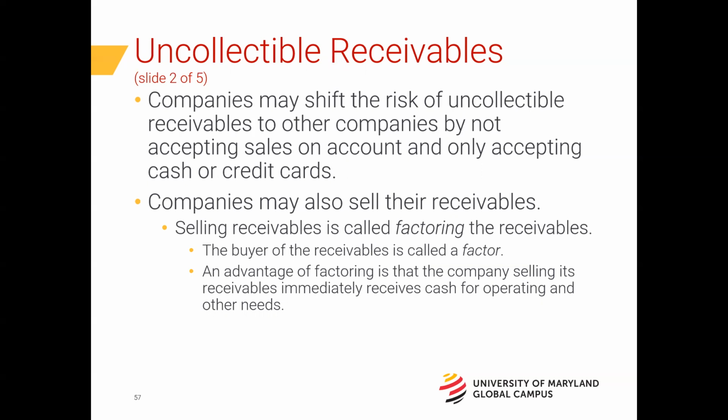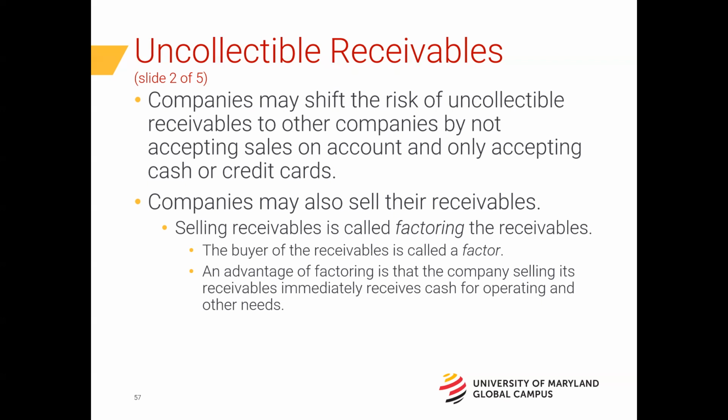Usually when you get into that 60 to 90 range, or 90 and above, you're not going to be able to collect that money. The older the aging report gets, the older that account receivable gets, the more likely it is you're not going to collect it.